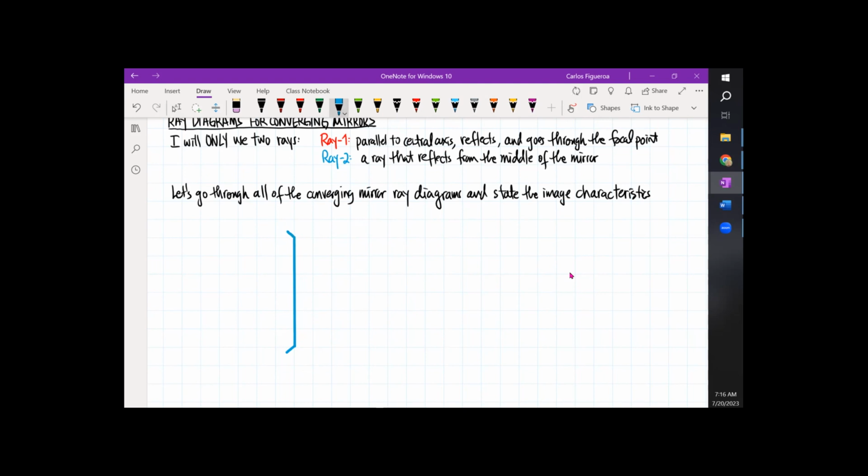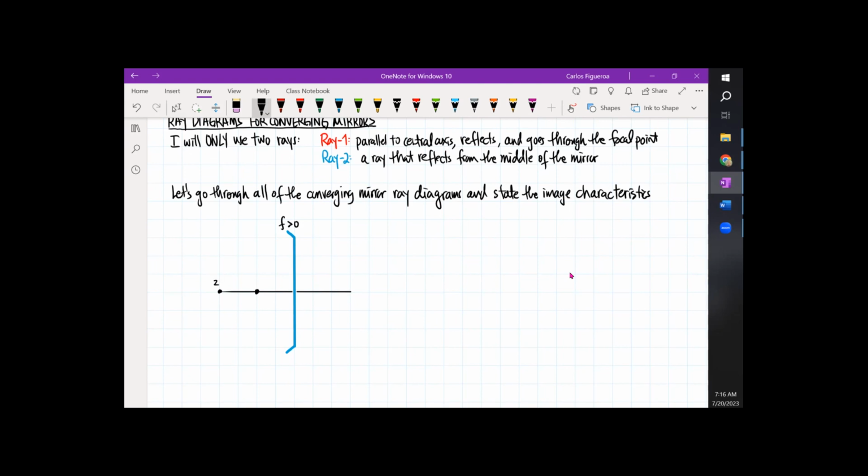My mirror. And I know that this is going to be positive, and I want the central axis to be in the middle. So I'm going to have my central axis go like this. And because this is a converging mirror, I'm going to say that this is F and this is 2F.